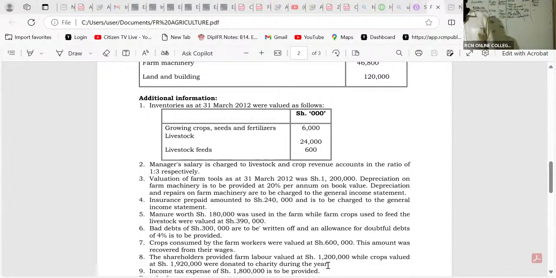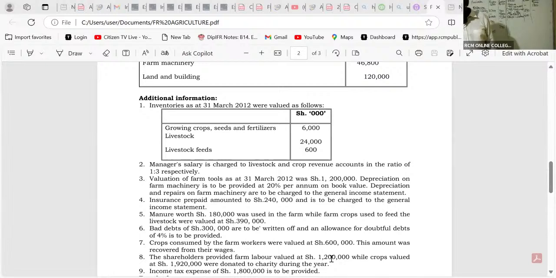So these shareholders came and worked in the farm, but remember, we never paid them any cash. The shareholders provided farm labor valued at 1.2 million, while crops valued at 1,920 were donated to charity during the year. The shareholders' labor is very general because it's not specific to any biological asset.